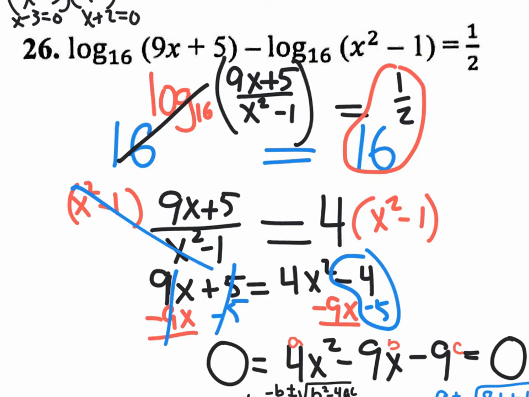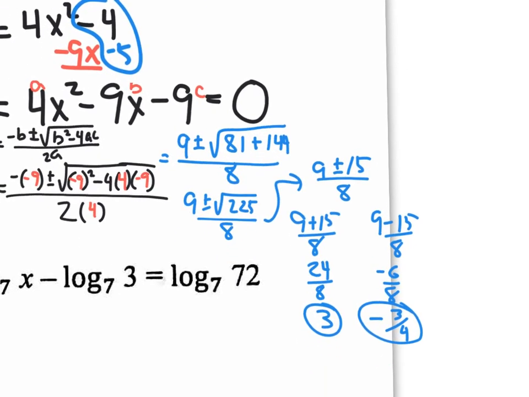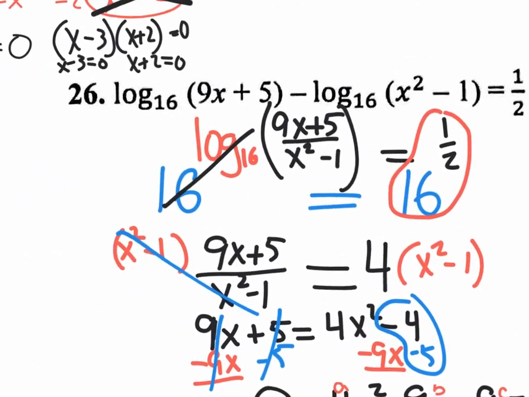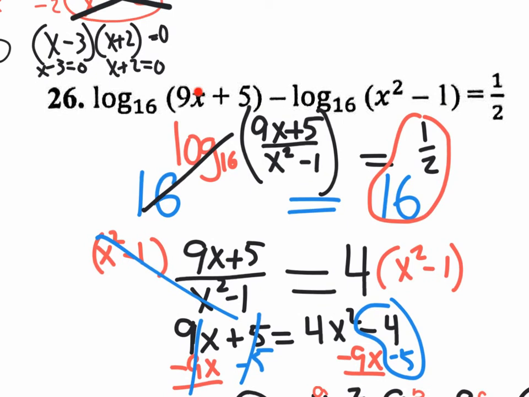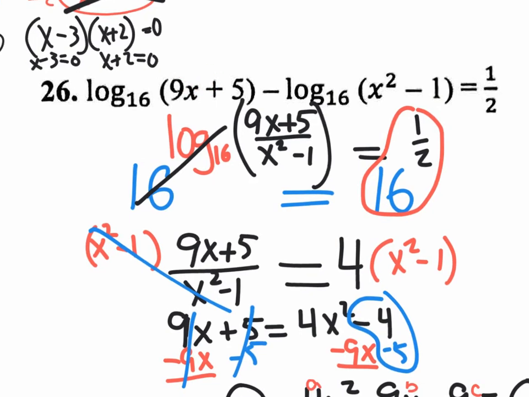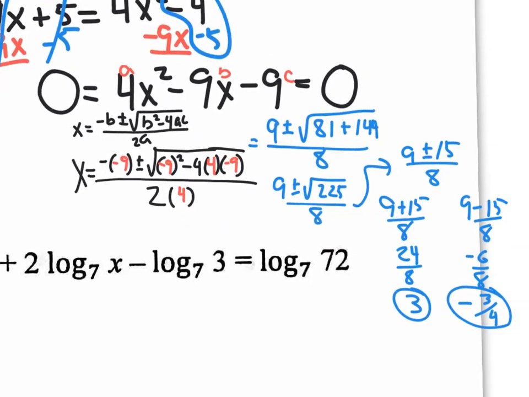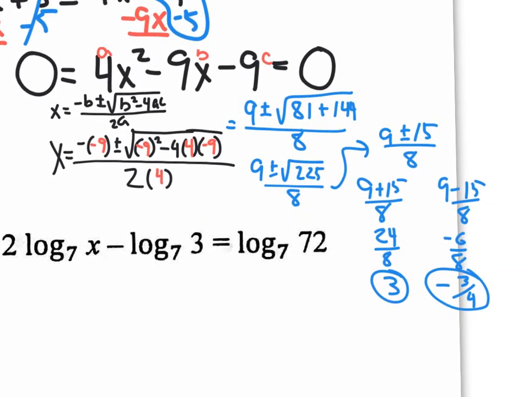However, when I try to plug in negative 3/4, when you plug in that negative fraction in here, you end up with a negative value all around, which makes that an extraneous solution. So the negative 3/4 does not work.